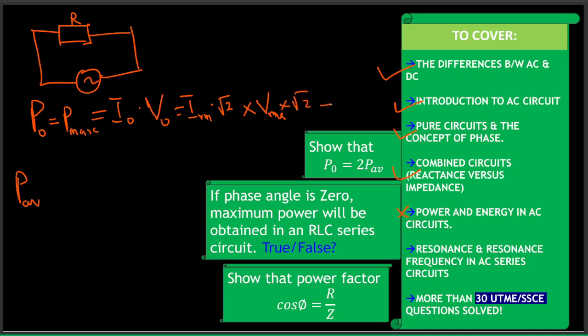So that if I multiply out, I will have 2 times... I hope that is clear. So root 2 times root 2 will give us 2, or root 4, which is 2, all right? And then you get this. So take note of this, and then take note of this. So that is for peak or maximum power.